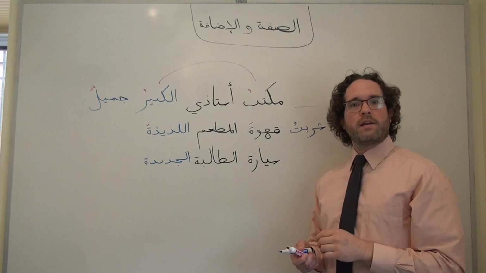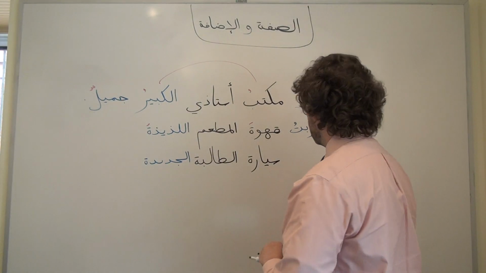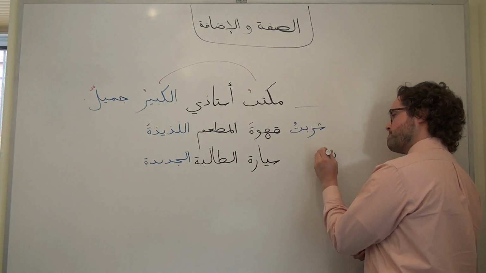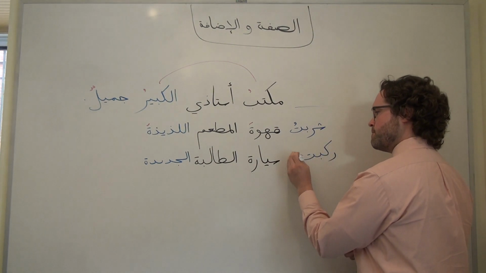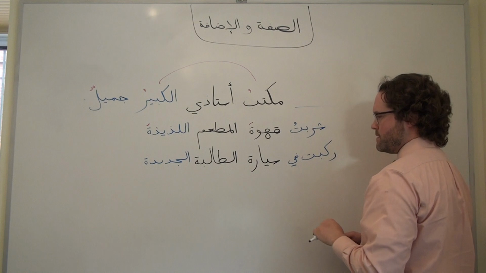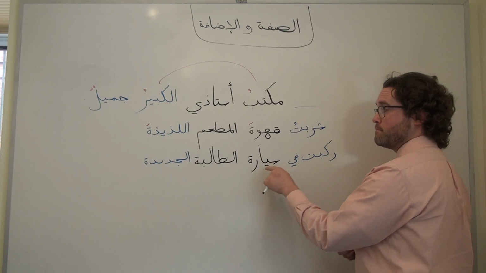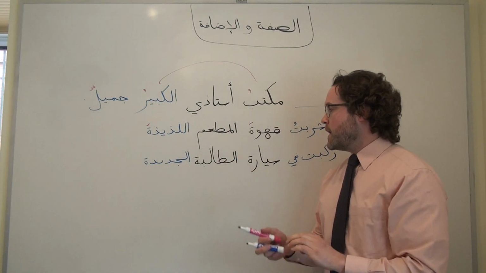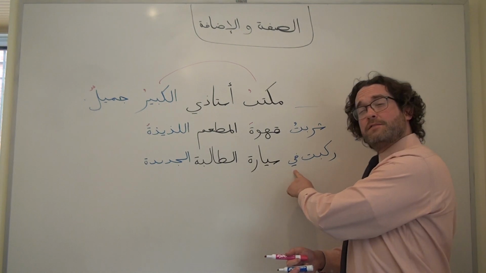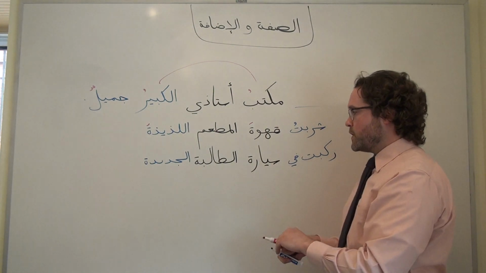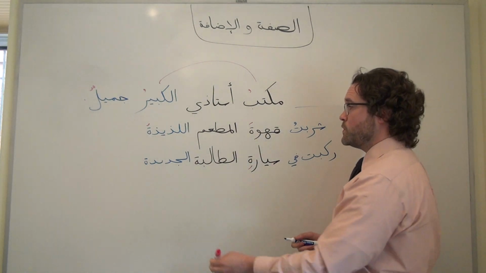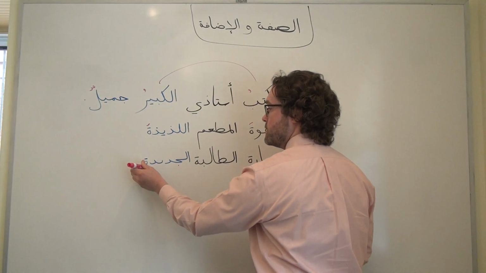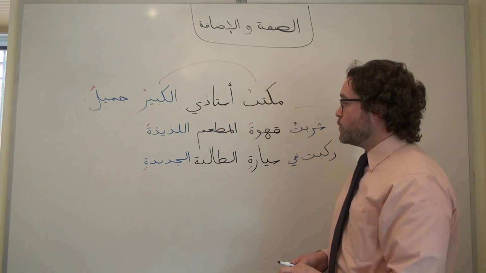Or if I wanted to say that I rode in the student's new car, here I wrote fi سيارة الطالبة الجديدة. Now, because of this preposition, سيارة is going to be majroor, which means that جديدة is also majroor with a kasra.